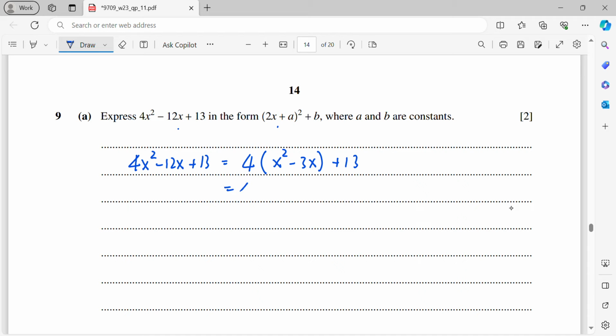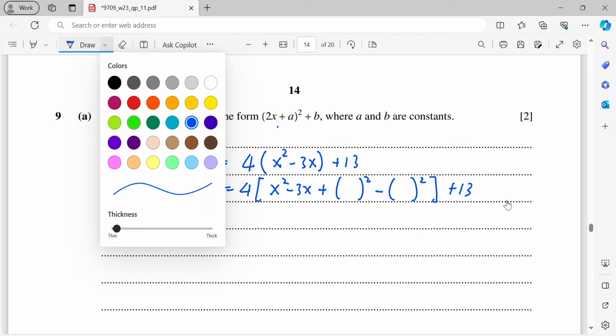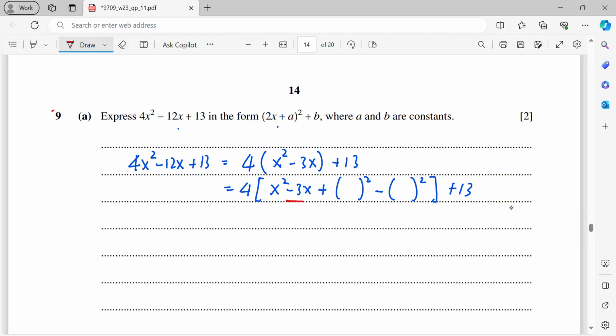Now, according to the completing the square method, rewrite the first two terms and then plus bracket squared minus bracket squared. Then copy the last term. Now, the term inside the brackets will be half of the coefficient of x. That means half times minus 3, you will be getting negative 3 over 2.